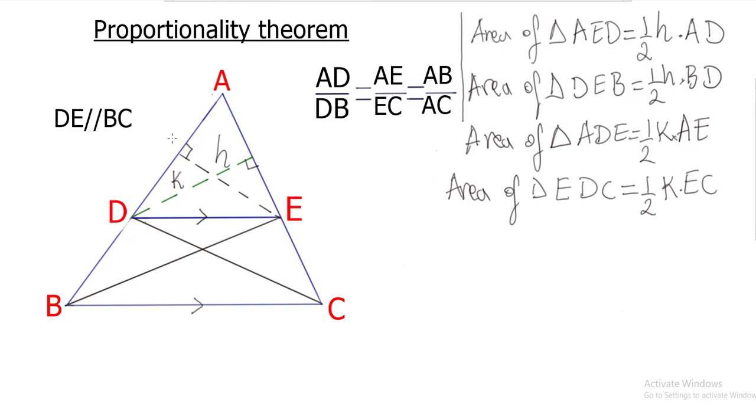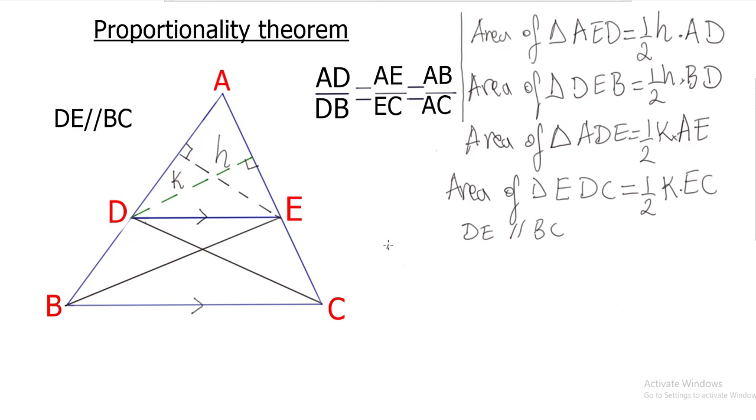Then by conclusion, we can find that this is obvious. So AB, because we're in the same triangle, it's going to be equal to AB divided by AC. So now, what we're going to do right now is very simple. Since there is a parallel here, we find that DE is parallel to BC.